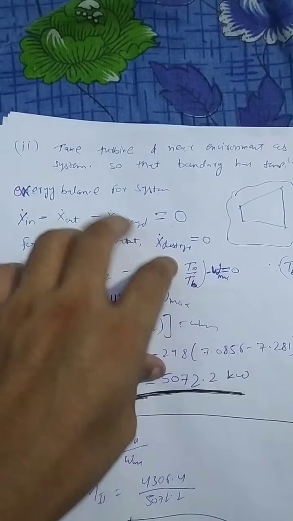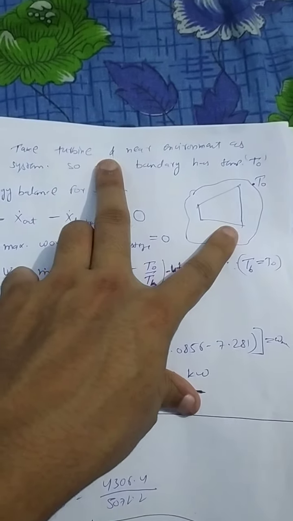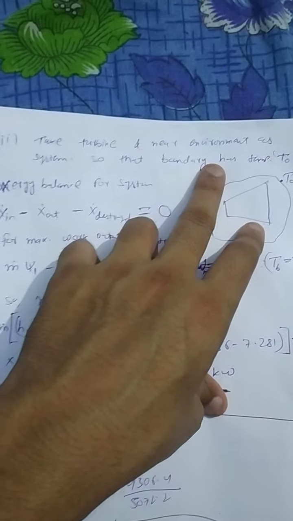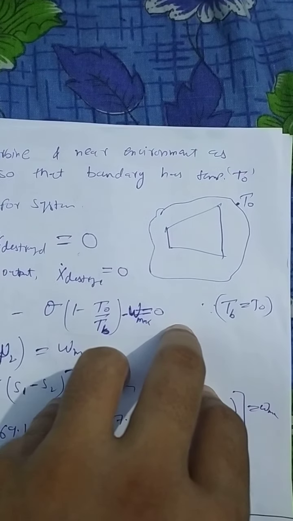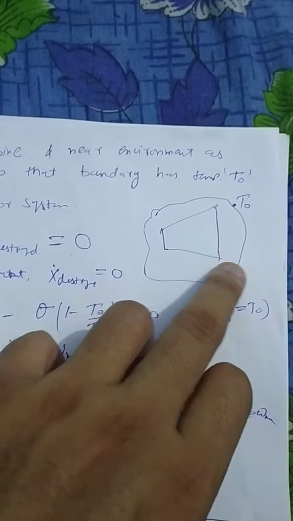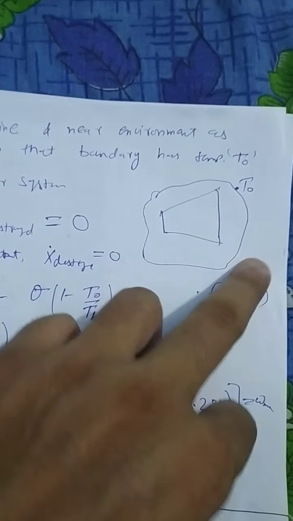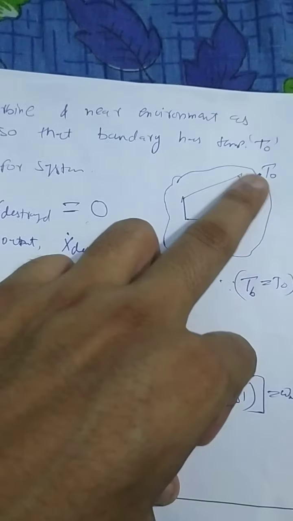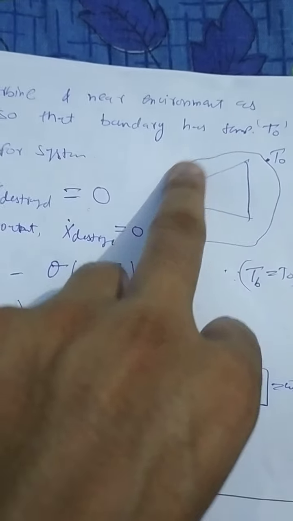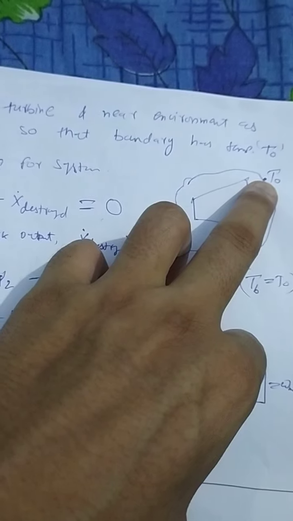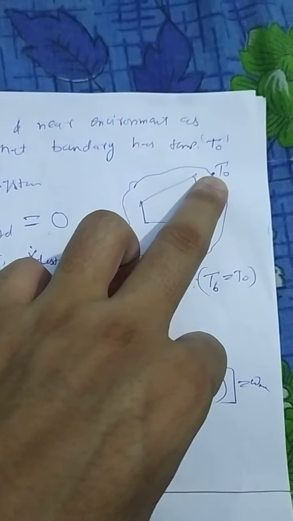Now the second question is to find the maximum work output, power output. The system we will take here is the turbine, with the boundary just surrounding the turbine. The boundary temperature is the same as the ambient temperature.